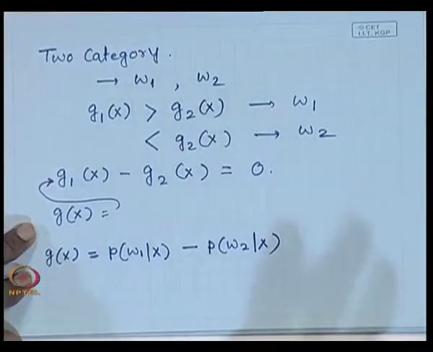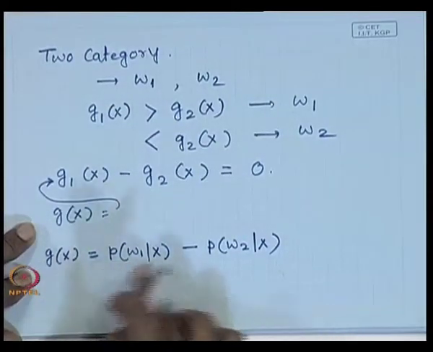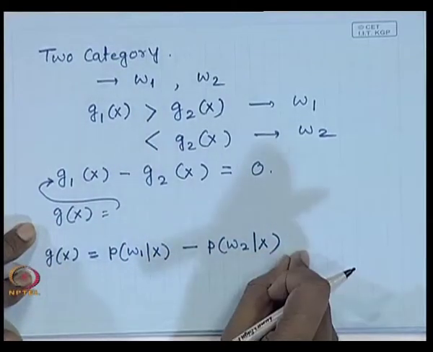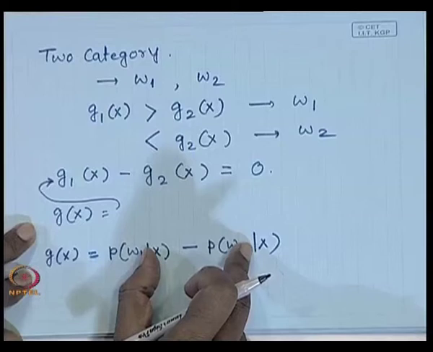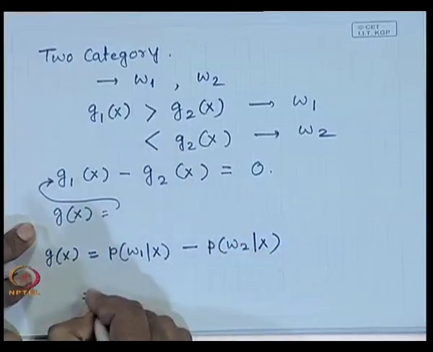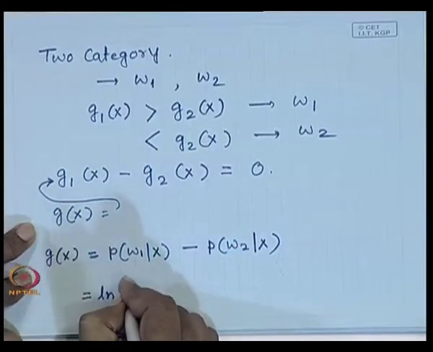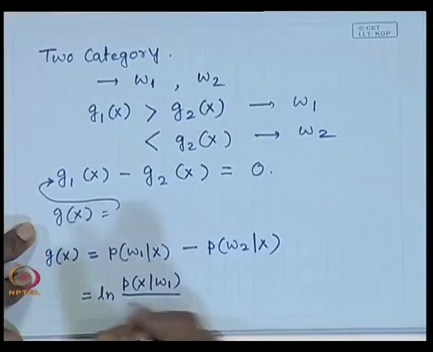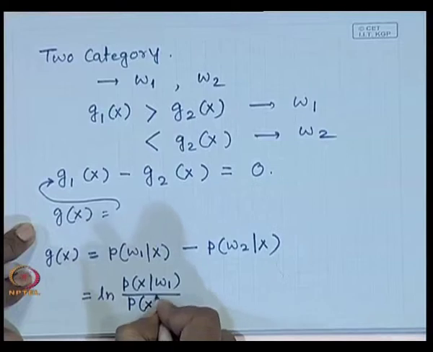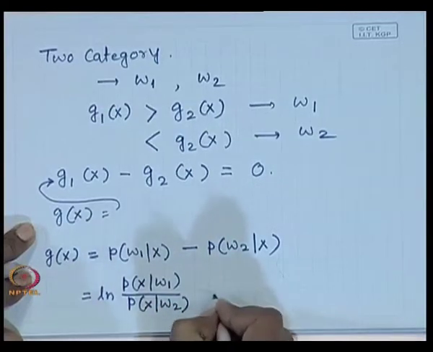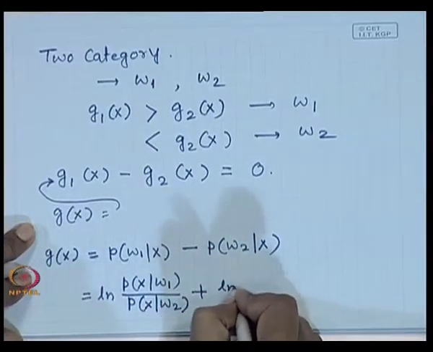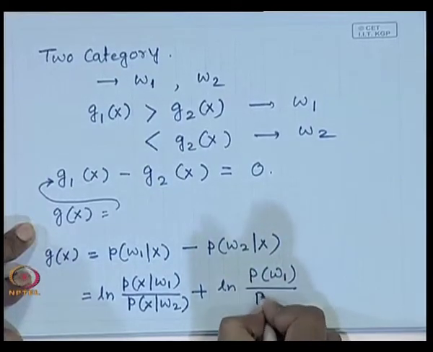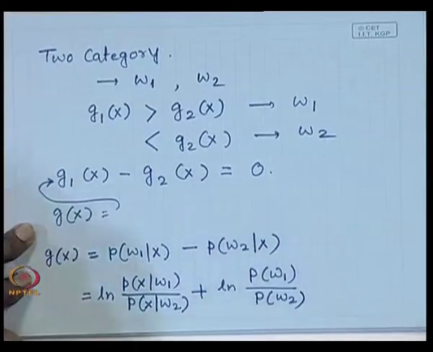Okay. And using the concept of logarithm, and by expanding this in terms of a priori probability and class conditional probability, this will simply be written as ln of p of x given omega 1 upon p of x given omega 2, plus ln of p of omega 1 upon p of omega 2.